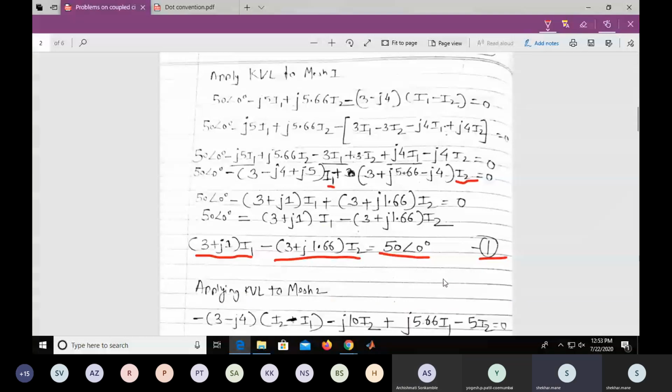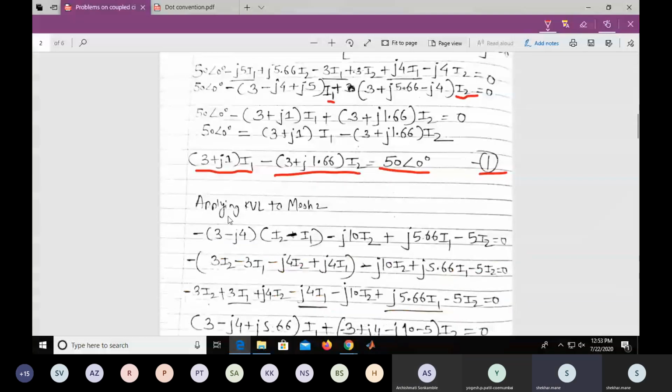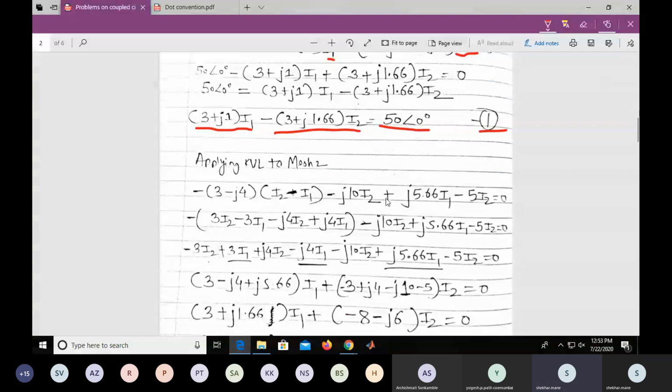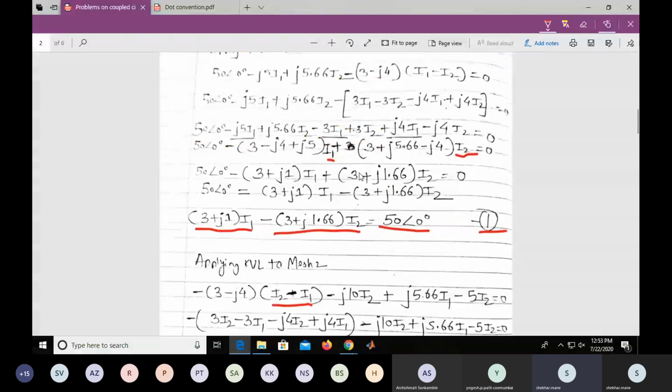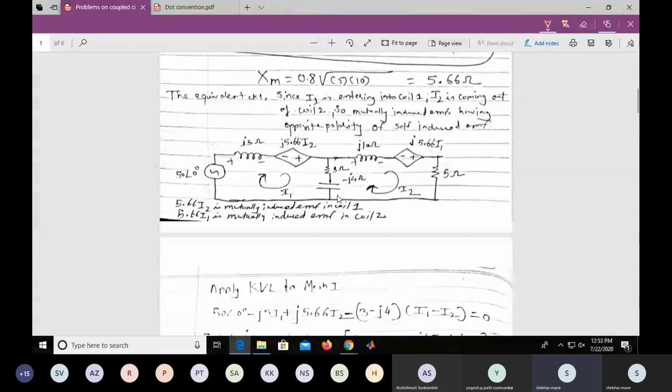Then similarly, I apply KVL in mesh 2. I got this, again minus 3 into 3 minus J4 into I2 minus I1. Now I am considering I2 first, because in mesh 2 the I2 current is flowing. So that's why I2 minus I1. And now you can see in mesh 2, this is positive here and negative here.